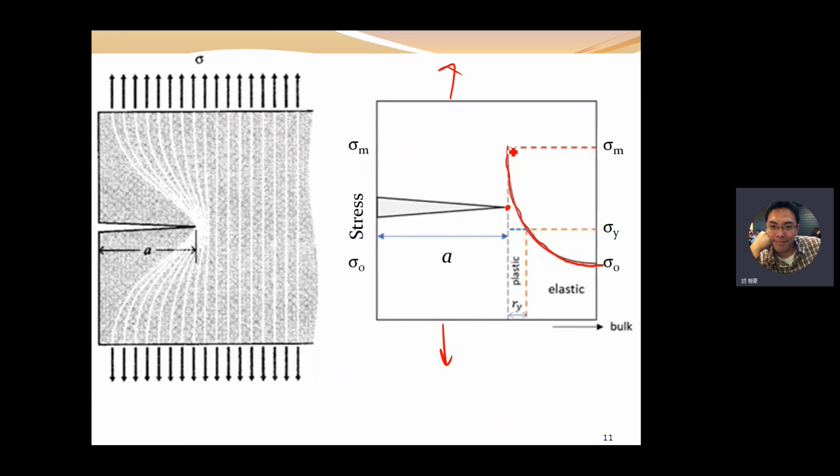Of course, the maximum stress is still at the crack tip, and the stress concentrated at the crack tip will keep reducing. At a certain location, the distance from the crack tip to a certain point is defined as Ry. What's this Ry? What's the definition of Ry?